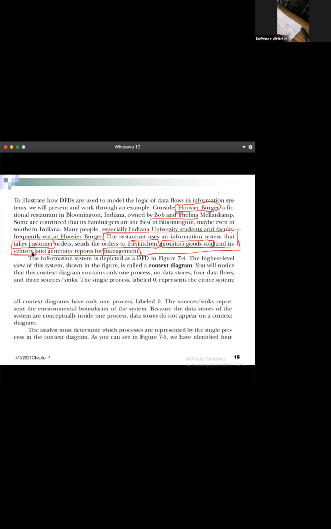So this process obviously has to check information from a database, right? It needs to check and update information from the database, the goods sold file. This also needs to update information in the database as well, and this will be the inventory file.